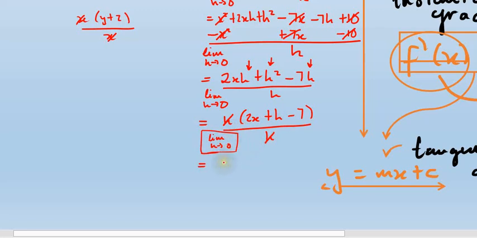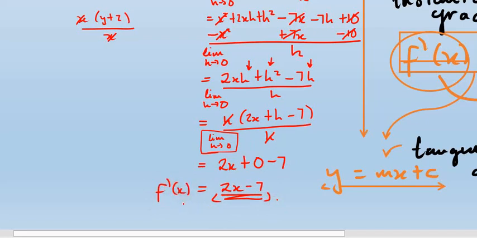So I'm going to say now, only now, this will be 2x plus 0 of an h minus 7. So I don't need to write limit anymore, and that's when I have an answer of 2x minus 7. And I've just derived a formula for myself, which is f derivative.